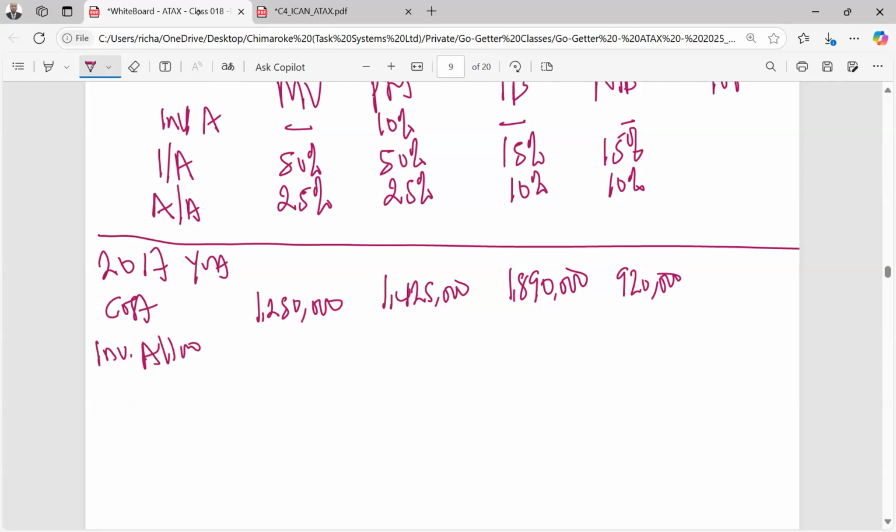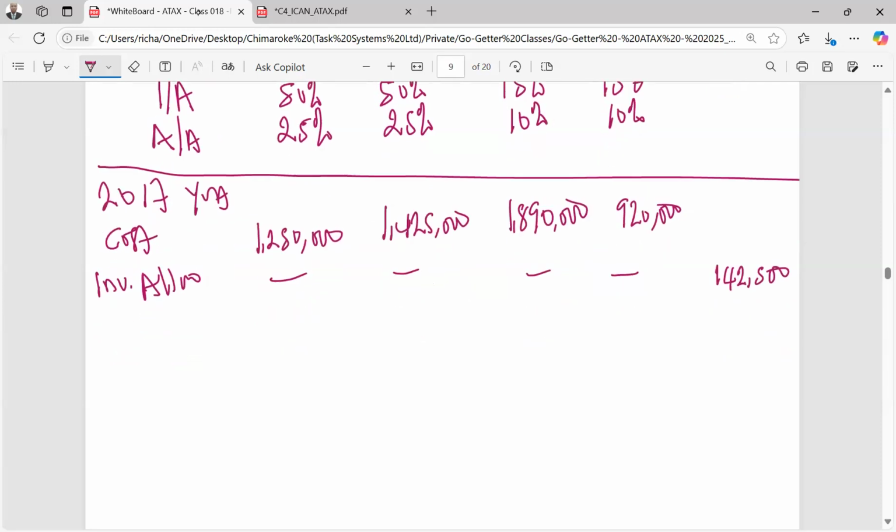Investment allowance is going to be 10% of this, which we will not put here. We'll put it down here. It's going to give you 1,425,500. Because investment allowance will not reduce the tax written down value. Then we go initial, this initial allowance.